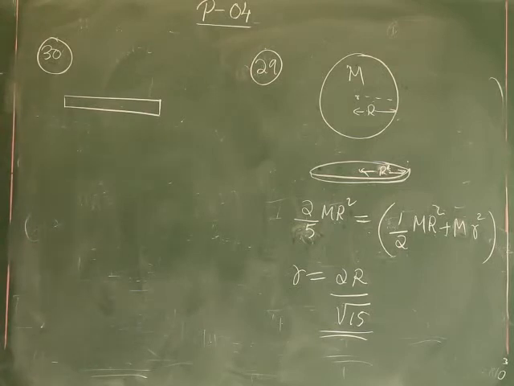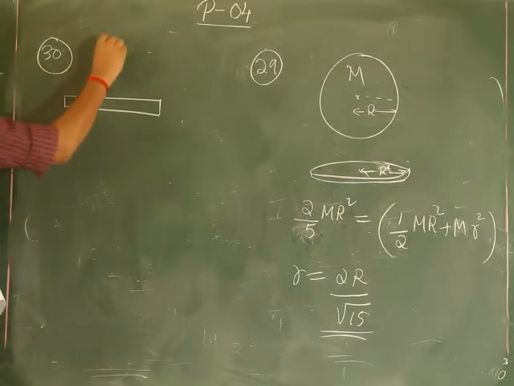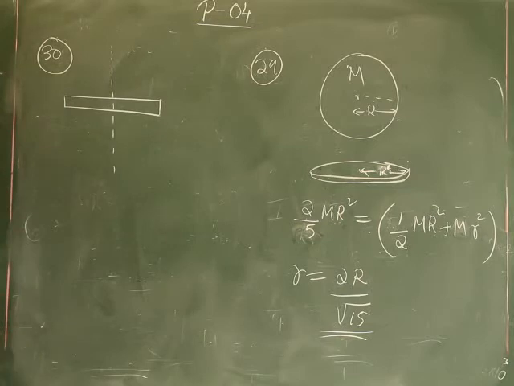Rod is there, with an axis passing through its center like this, and perpendicular to it. That means, of course, I0 is the moment of inertia passing through its center of mass. The rod is bent, okay, making an angle theta.